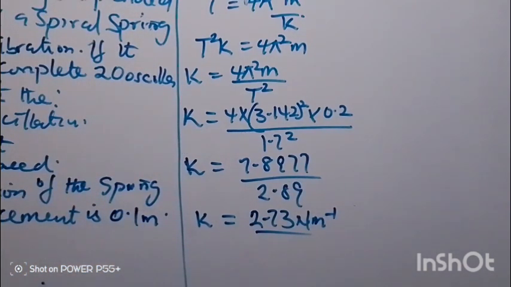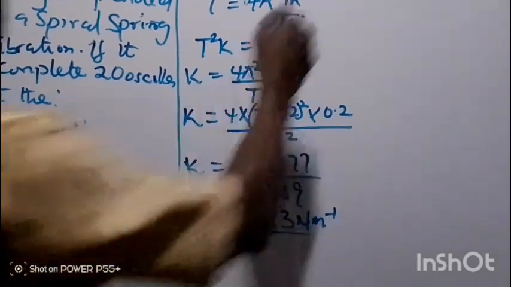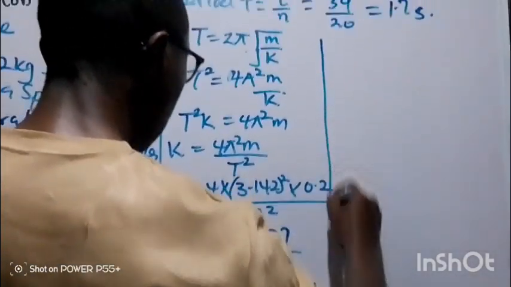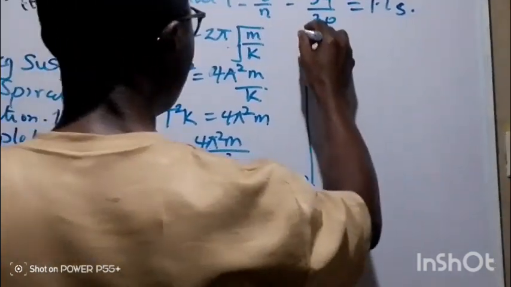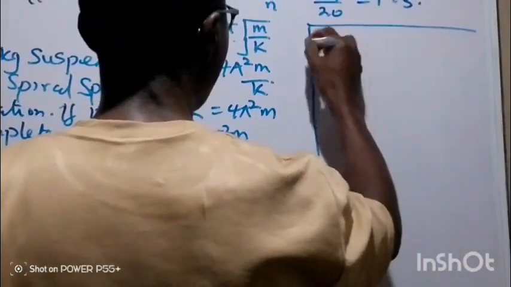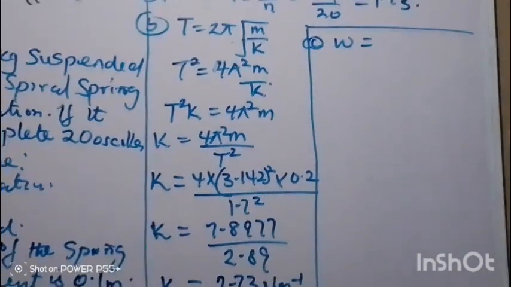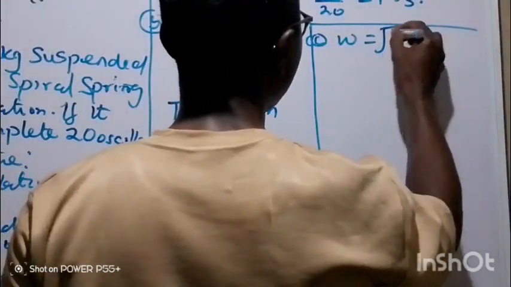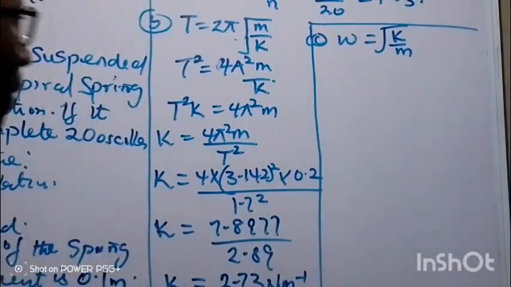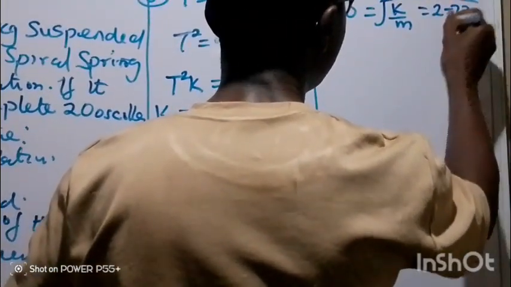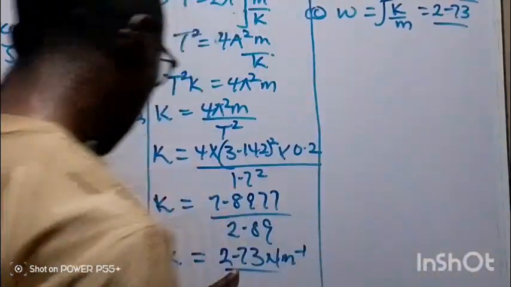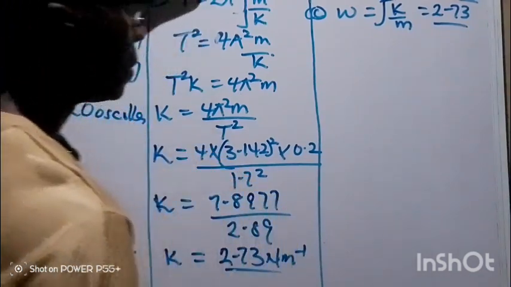The next question is angular speed, that's question C. Angular speed is equal to square root of K over M. From what we've calculated, our K is 2.73, over M, our M is 0.2.